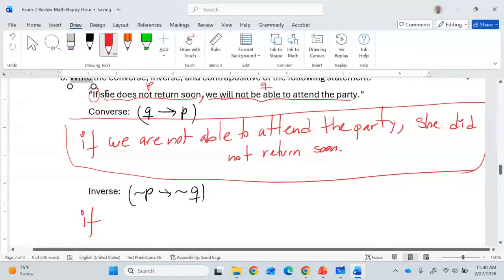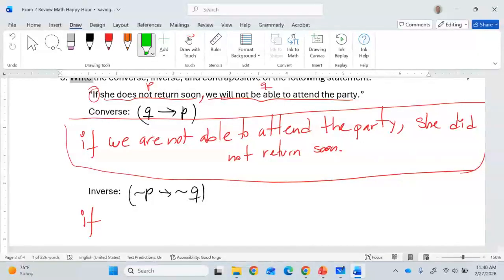So the sentence P is supposed to be she does not return soon. Because I'm following these symbols, not P implies not Q, then I'm going to change the opposite of that. If P is she does not return soon, the opposite is she does return soon.